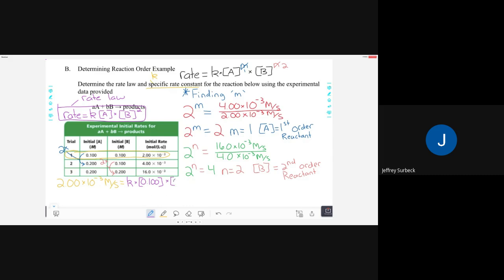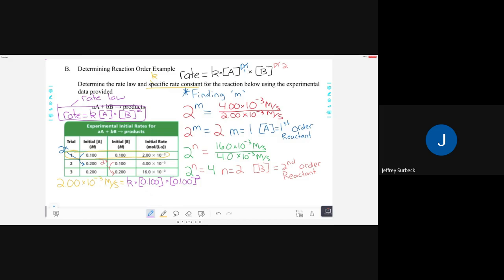However, we need to raise that to the second power. Now I'll ask you this. How do I get rid of the stuff attached to K? Divide, okay? Now, I will tell you, be really, really careful when you divide, and it's because of that exponent, okay? So I'm going to write that down.